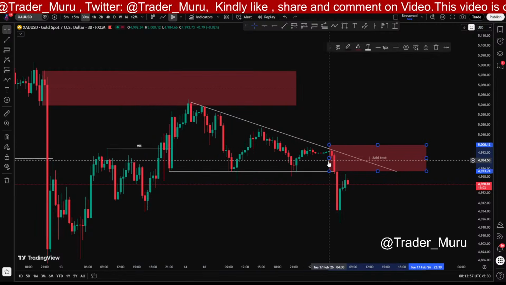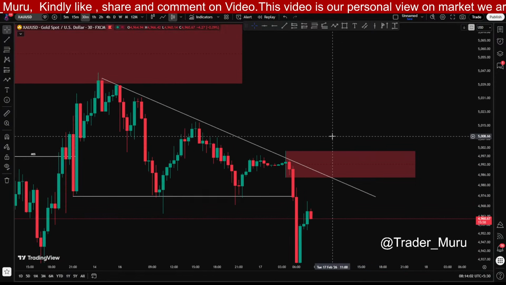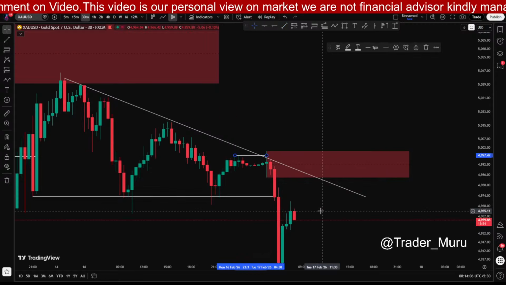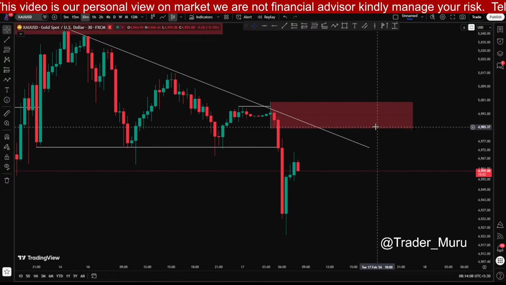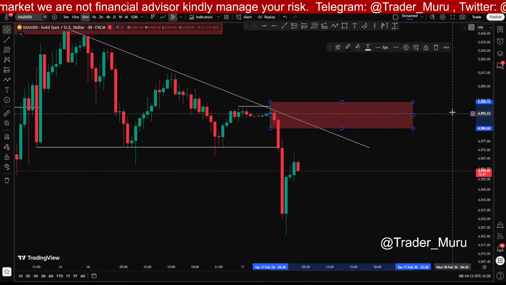This is a good area to short because it just gave us a liquidity hunt and then a big drop. So this is a good area, around 4985 to 5000.